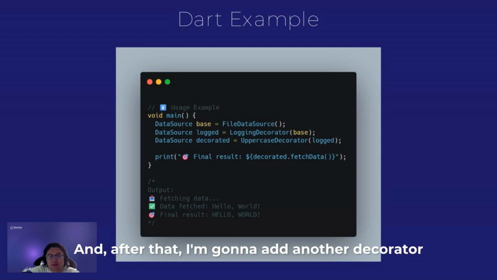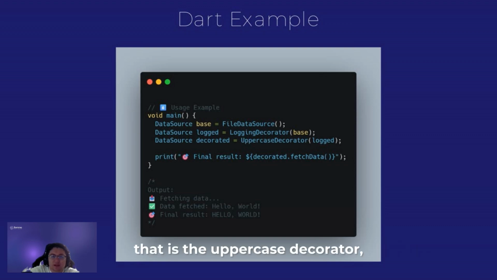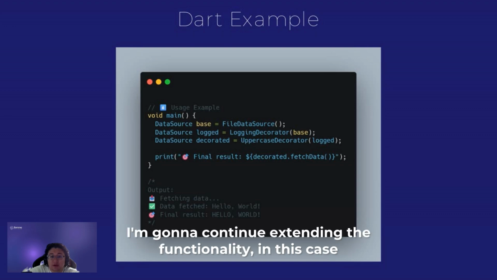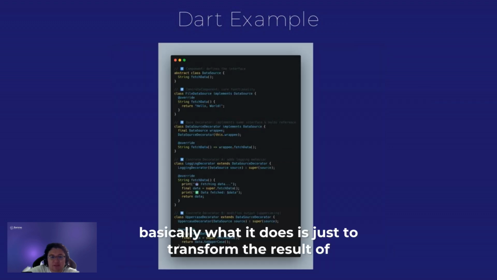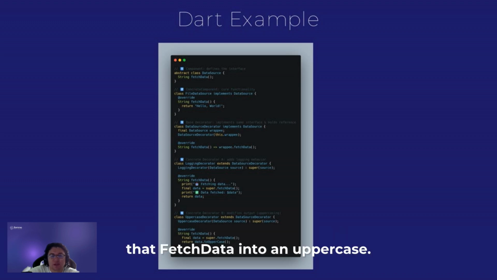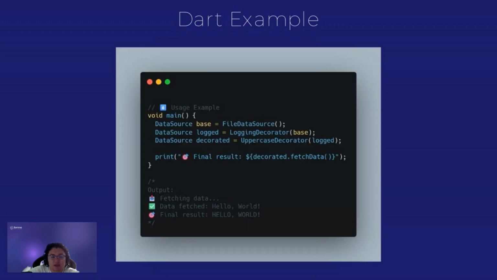And after that, I'm going to add another decorator, that is the uppercase decorator. I'm going to continue extending the functionality. In this case, I send through the parameters the result of the logging decorator, and basically what it does is just transform the result of that fetch data into uppercase.